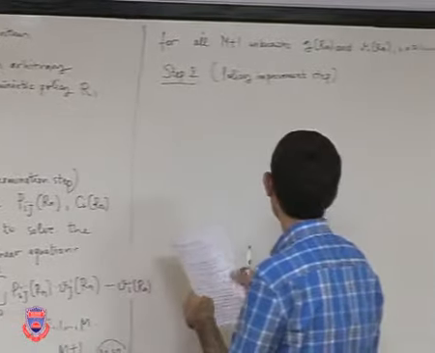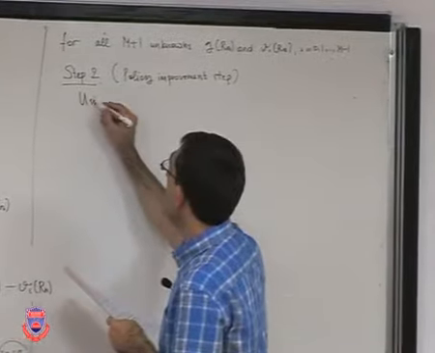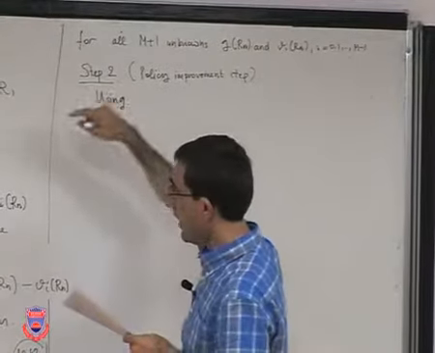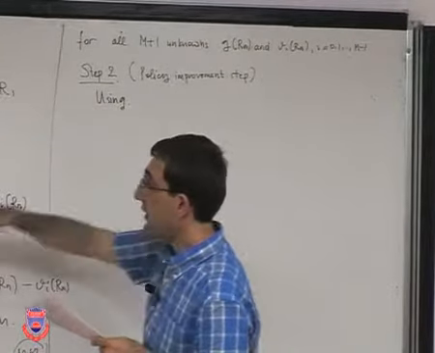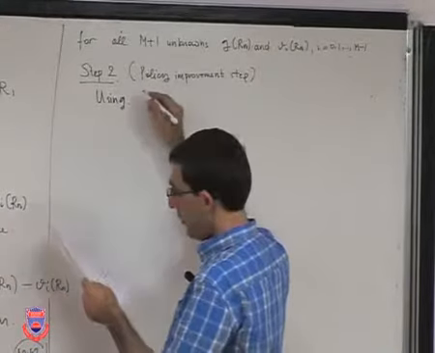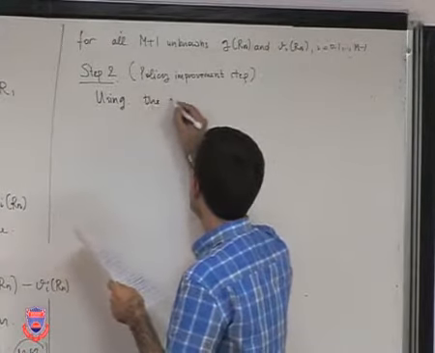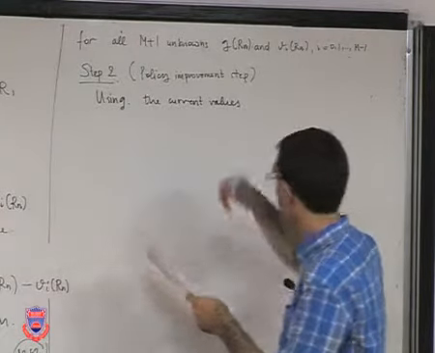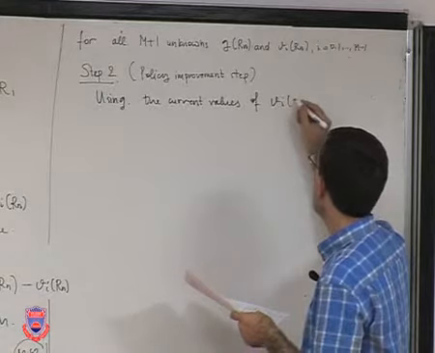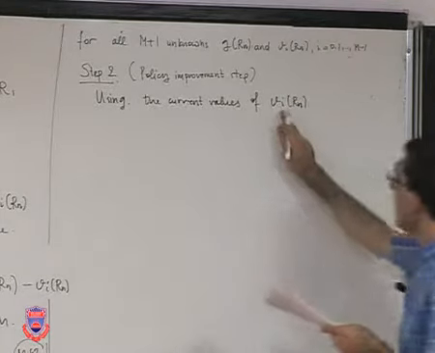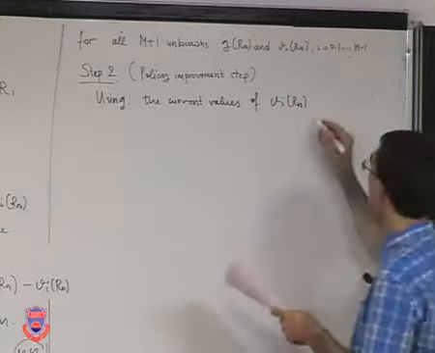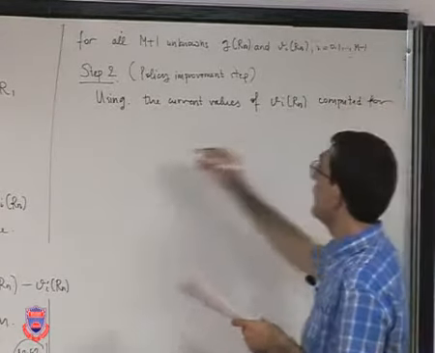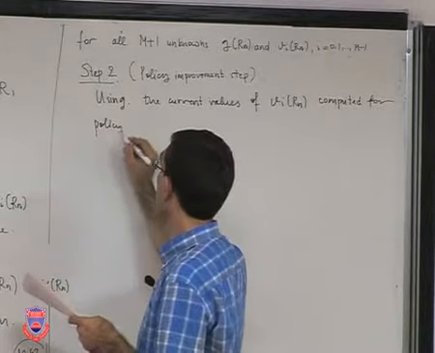We use the relative values of states calculated under the policy at hand, so using the current values of Vi of Rn, the relative value of state i under policy Rn, computed for policy Rn.